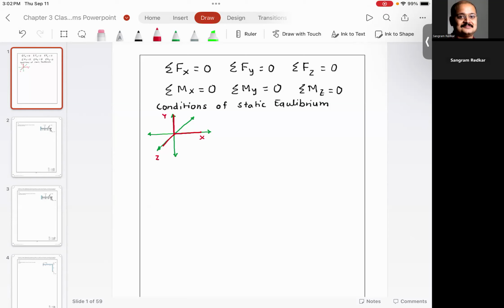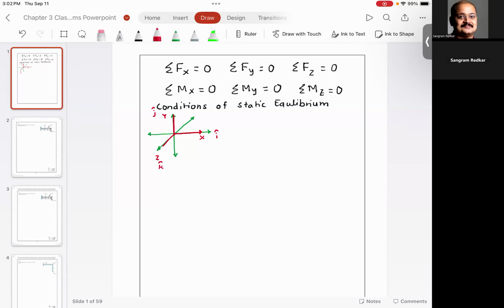We talked about the concept of unit vector. Unit vector indicates direction but not magnitude. So unit vector in x direction is i, unit vector in y direction is j, and unit vector in z direction is k.